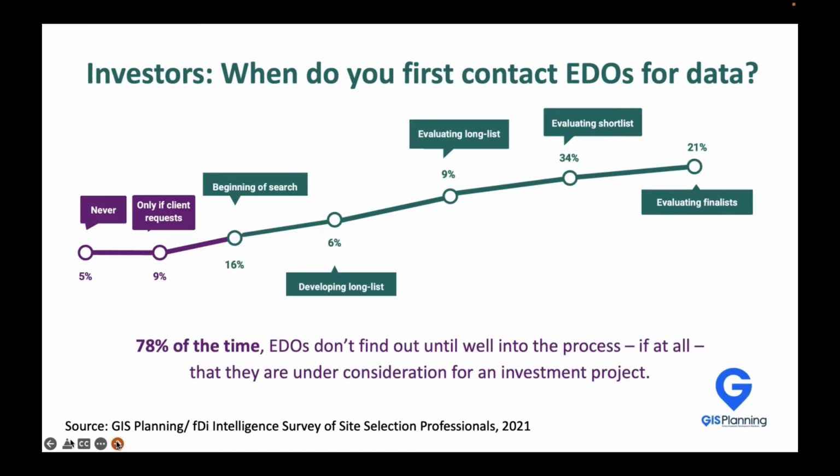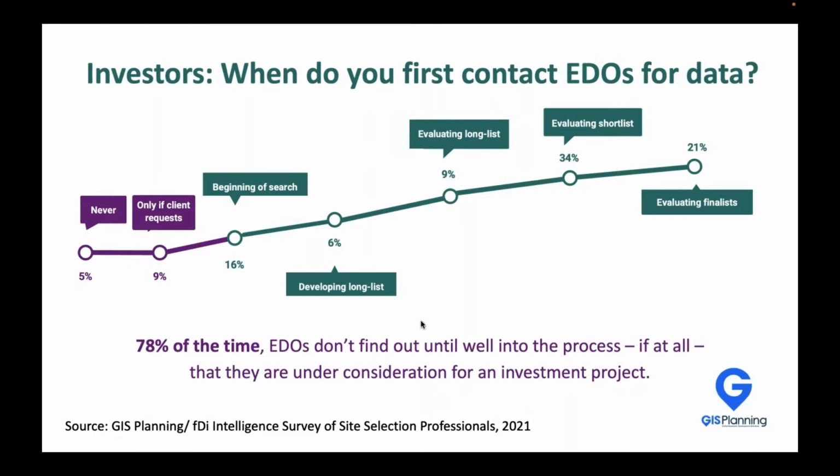In fact, at least 78% of the time, economic developers don't find out until well into the process, if at all, that they're under consideration for an investment project. At the beginning of the search, only 16% of the time, only 6% of the time when they're developing the long list, 5% of the time never. And as you move through the timeline, you can see that you are very likely to have no idea that you are being considered.